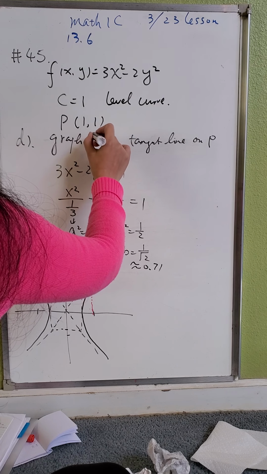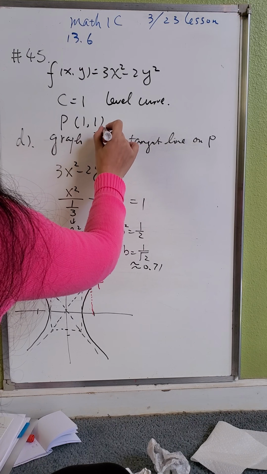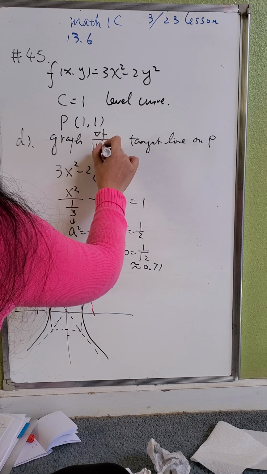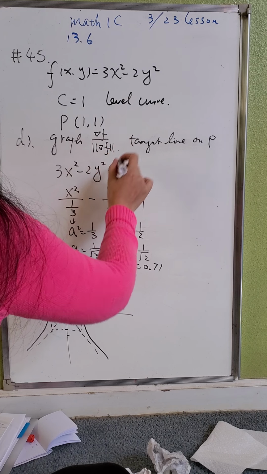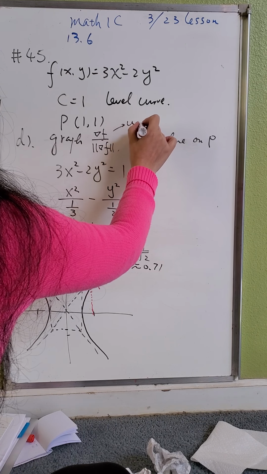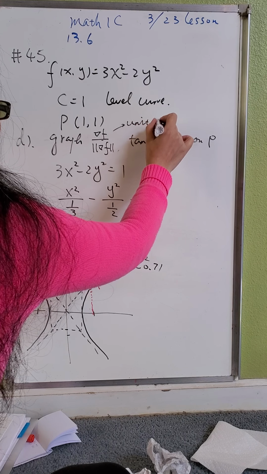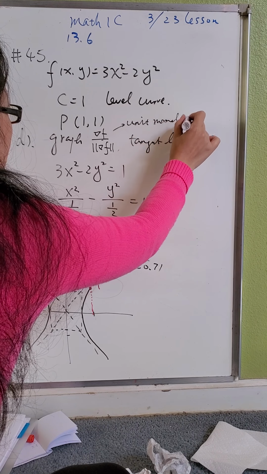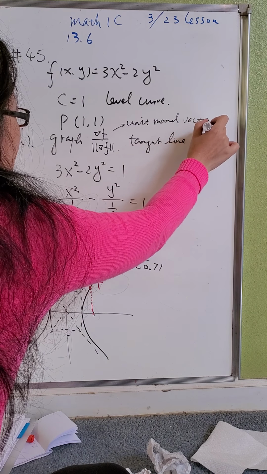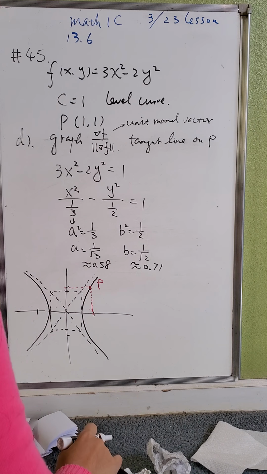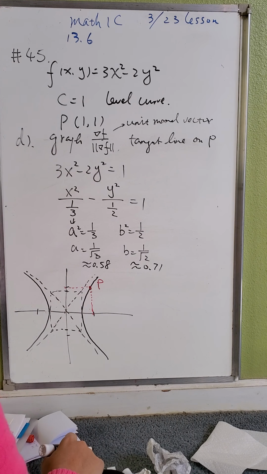So they want to draw this one. Okay, the unit normal vector. Not del G, because it is the F. I was still thinking about the previous problem.